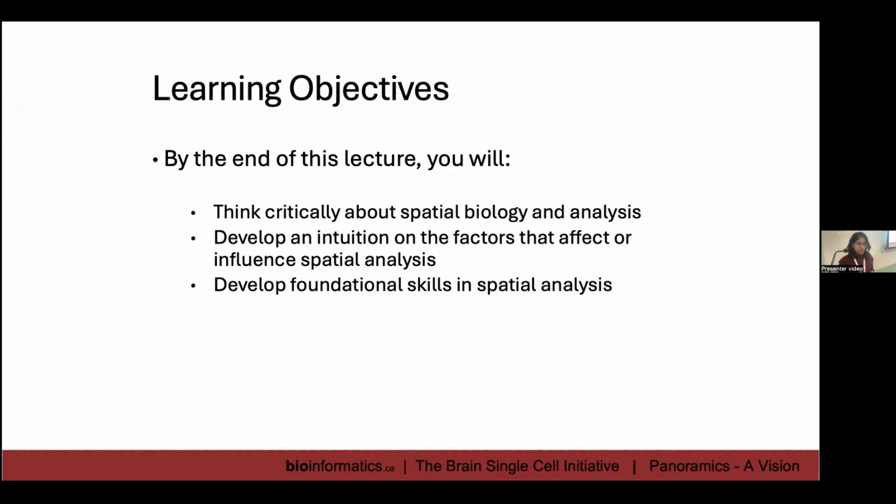So these are some of the learning objectives. I'm hoping that you will learn to think critically about spatial biology and analysis, and also to develop an intuition on the factors that affect or influence spatial analysis, and some foundational skills in spatial analysis.